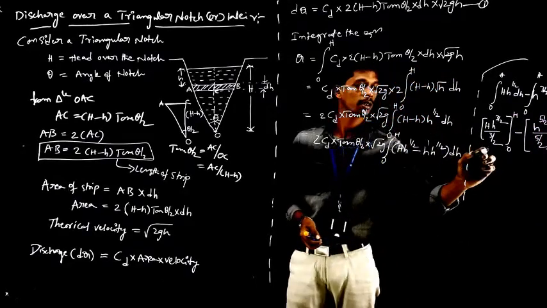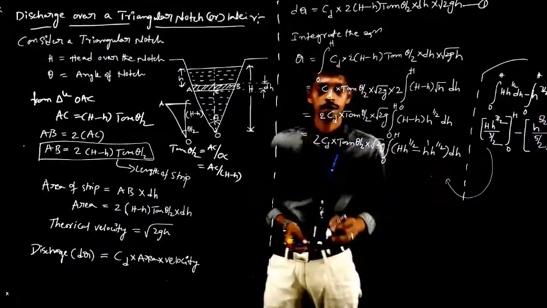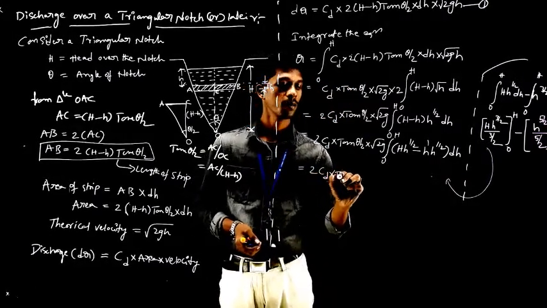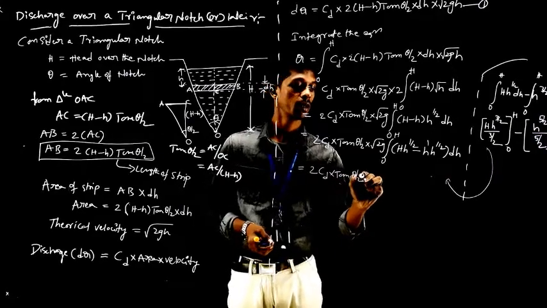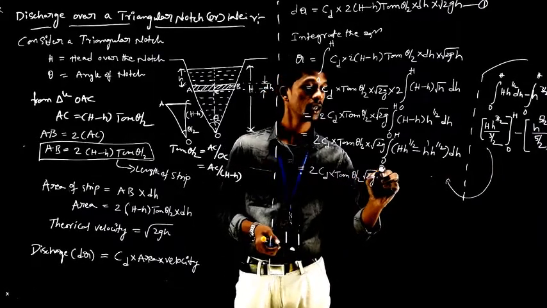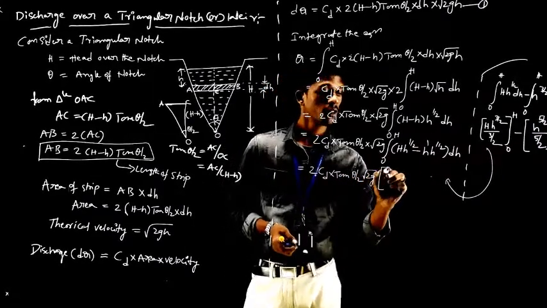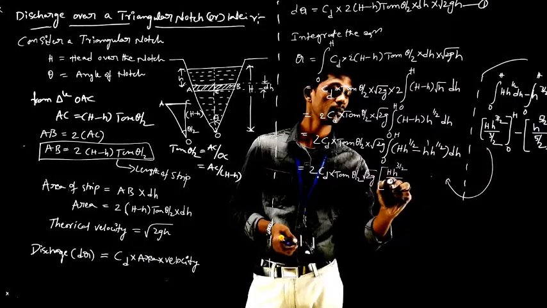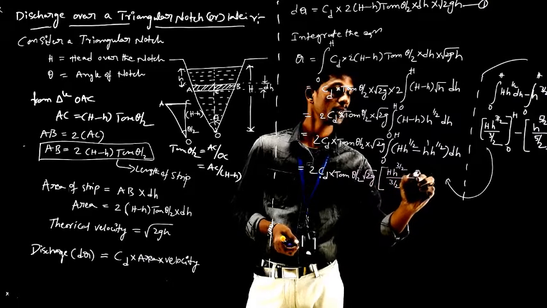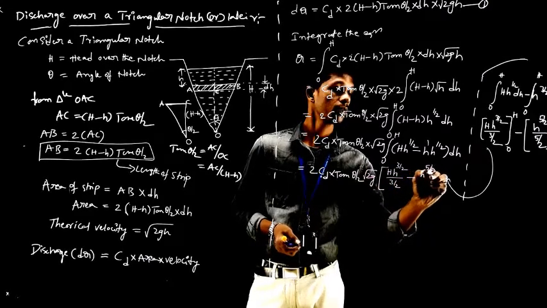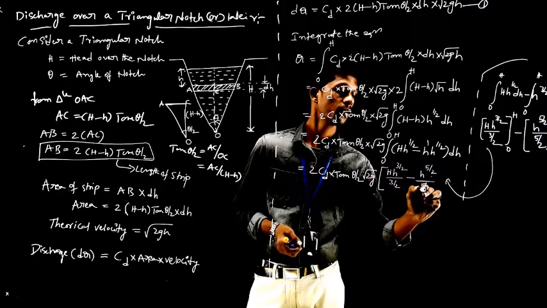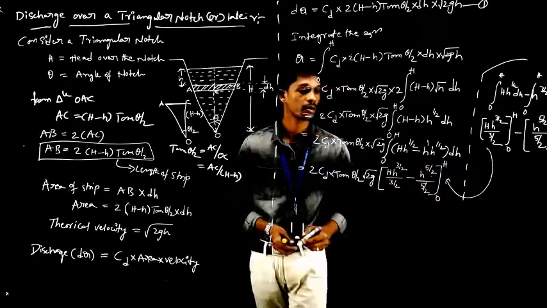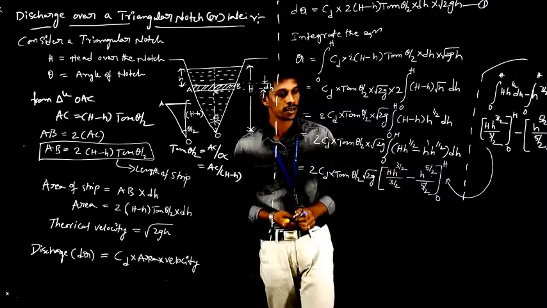Okay, apply this particular form in this equation. 2 times the CD multiplied by tan theta by 2 into root 2g. So the integration will be capital H into small h power 3 by 2 by 3 by 2 minus small h power 5 by 2 by 5 by 2 multiplied by 0 to capital H will be the integration for this.